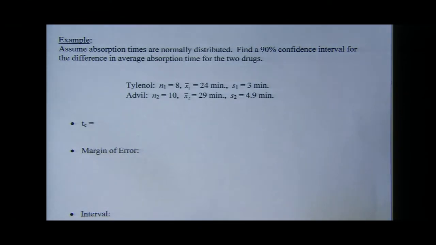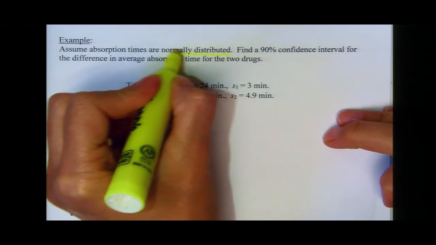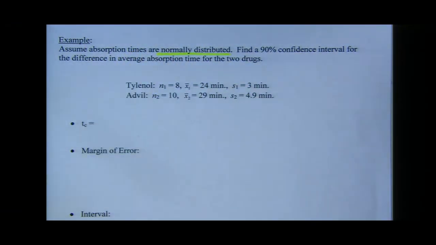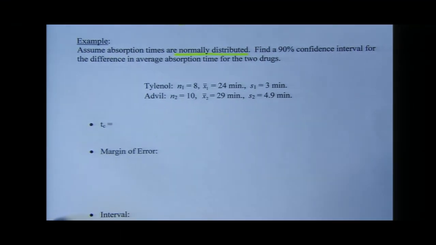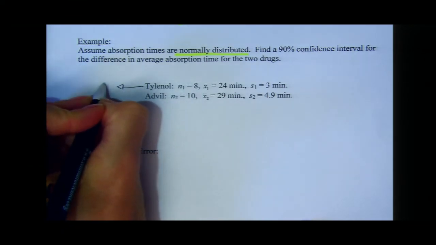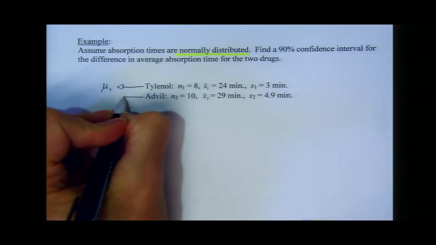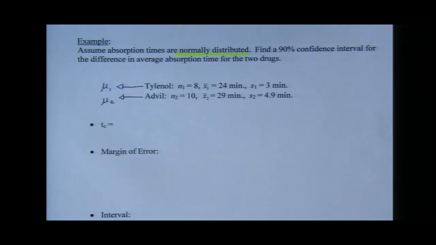Assume absorption times are normally distributed. Find a 90% confidence interval for the difference in average absorption times for the two drugs. So we're comparing Tylenol to Advil. And if I'm achy, then I want the one that absorbs quicker.